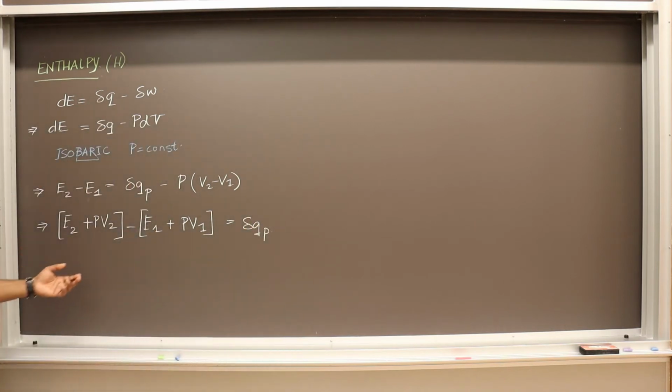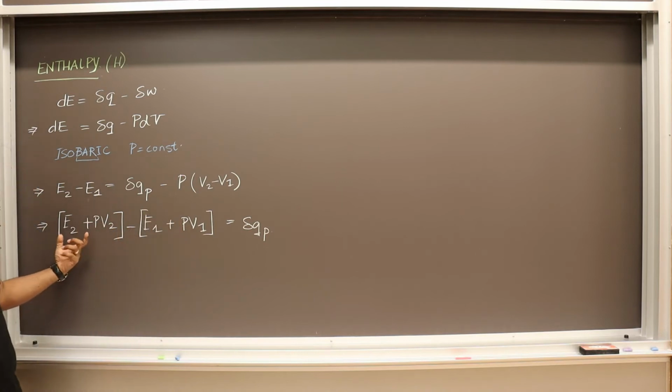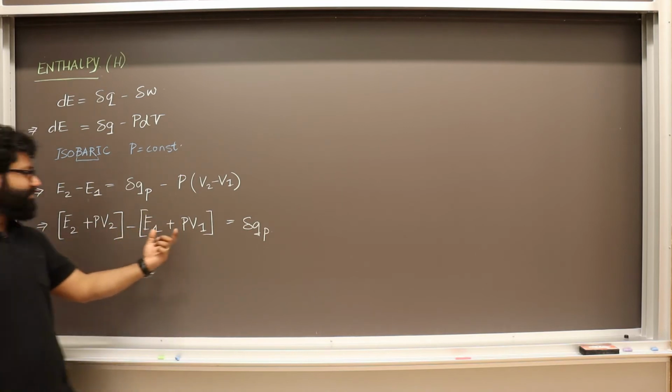You see how this is getting the form E2 plus PV2 minus E1 plus PV1, since pressure is constant.